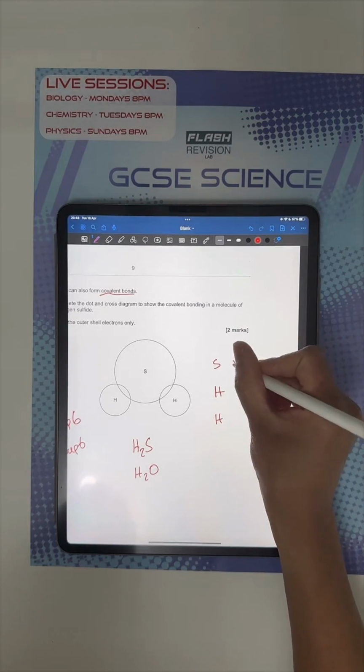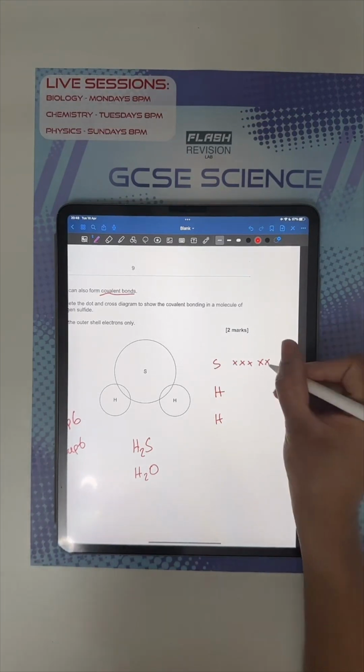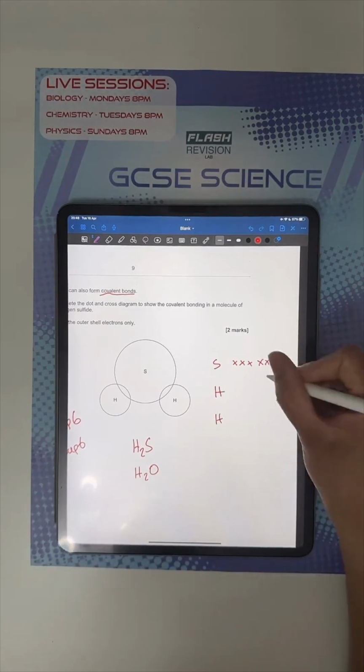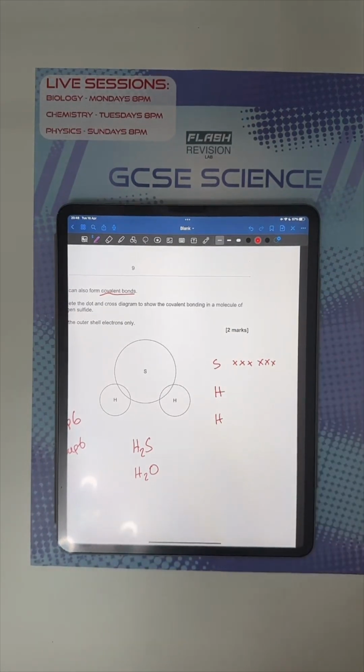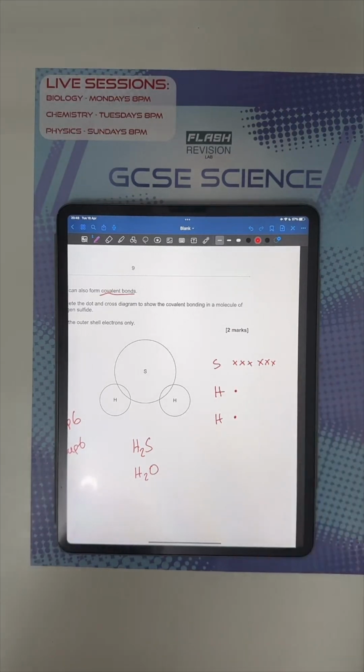So let's draw 6 crosses. 1, 2, 3, 4, 5, 6. We're going to add these in a second. Hydrogen, how many outer electrons does that have? Do you get a periodic table? Yes, you do absolutely get a periodic table. Would be a bit mean if they wanted you to memorize that. Yeah, 1 electron for hydrogen each.